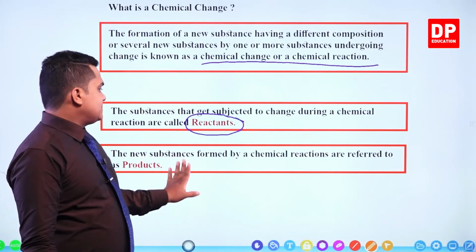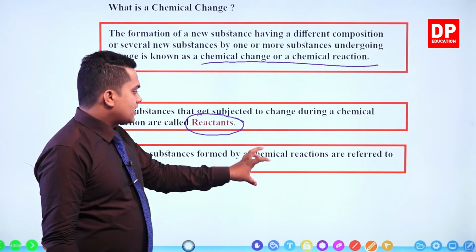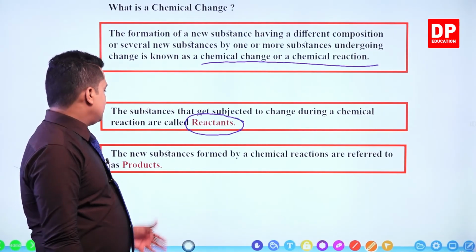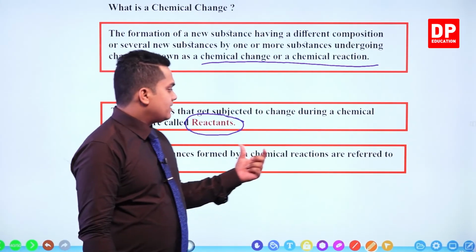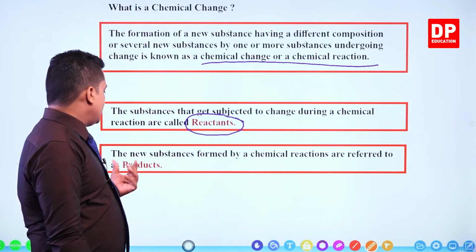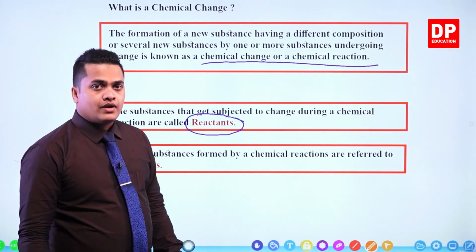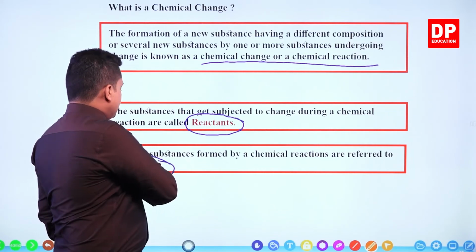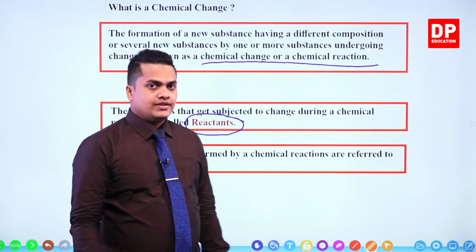The new substances formed by a chemical reaction are referred to as products. The new substances are called products, right?